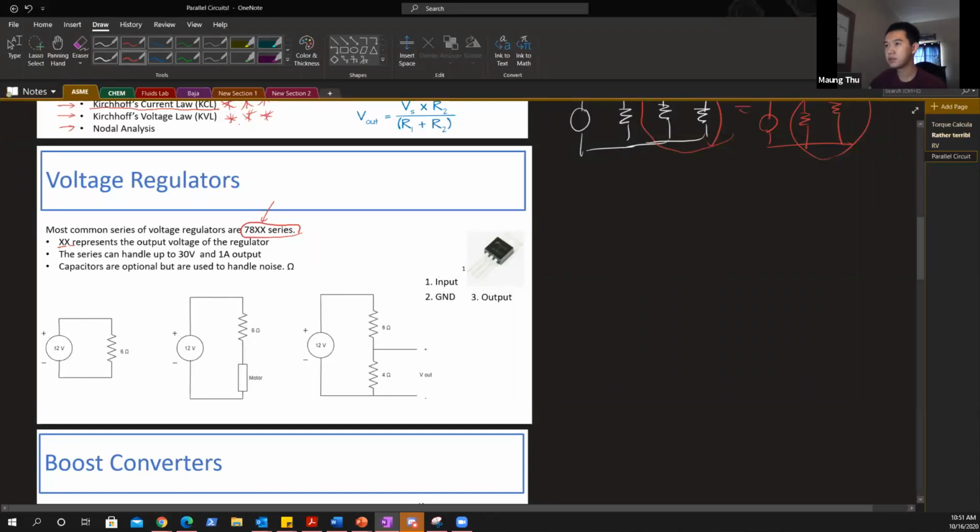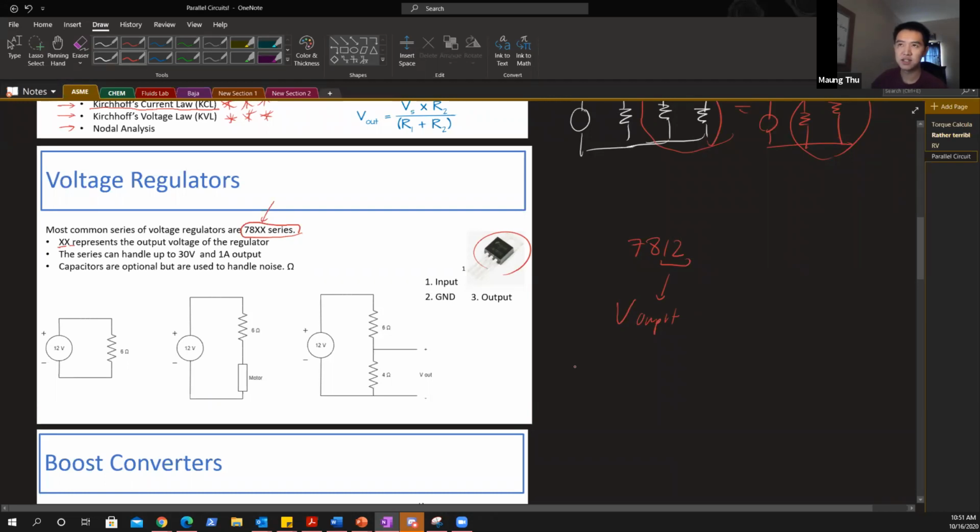I don't know if you guys can see, but in this picture it says 7812. 12 is your voltage output.